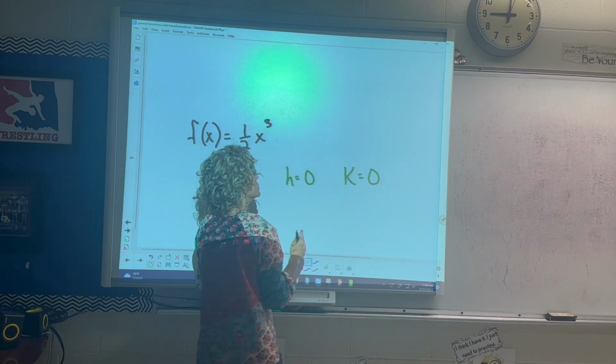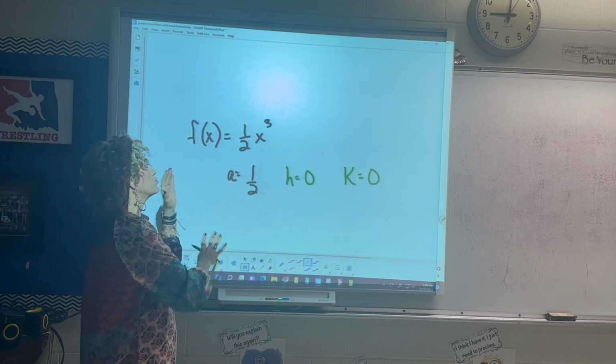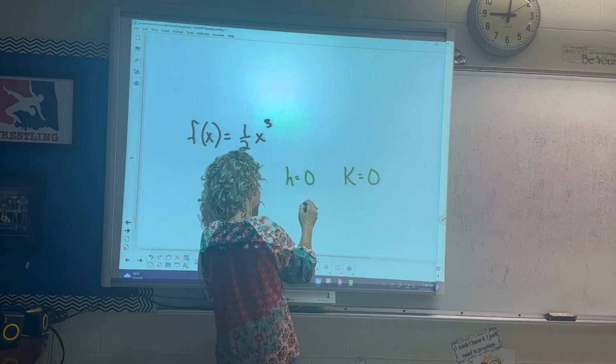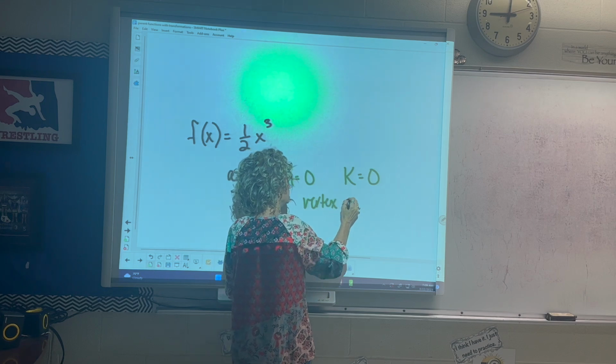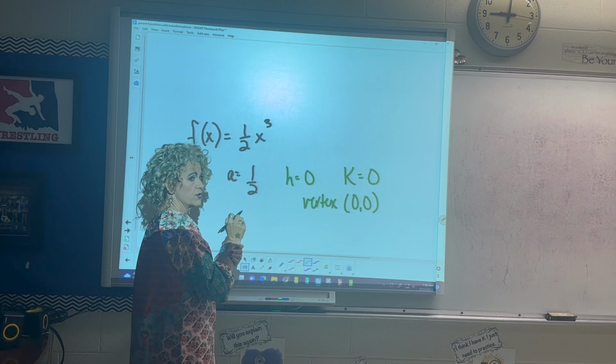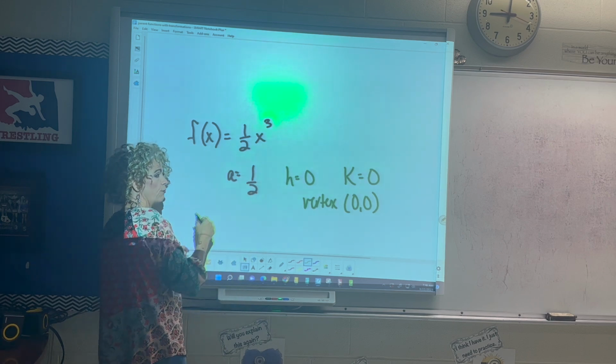k equals 0. So if we're going to talk about the transformations, my turning point or my vertex, so to speak, is 0, 0. That did not change from my parent function. What did change is my output values.